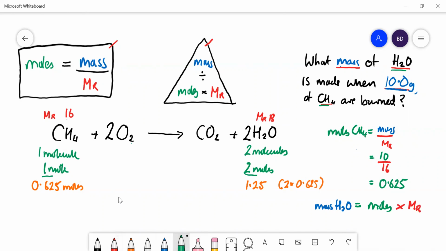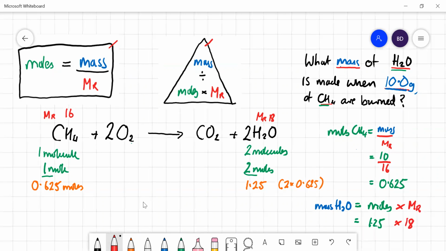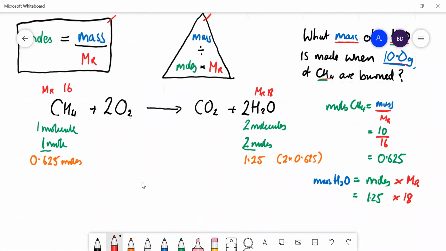And that is equal to 1.25 multiplied by 18 for water, and that is equal to 22.5 grams.